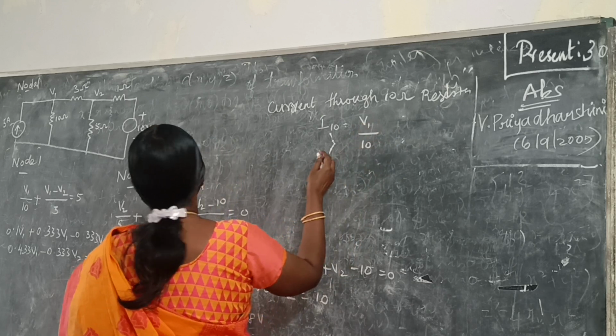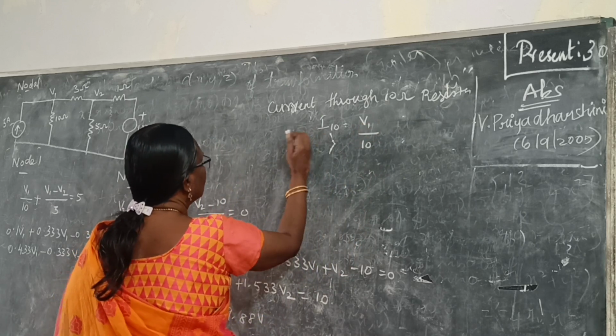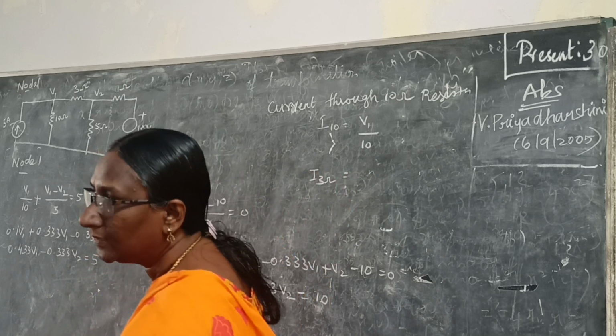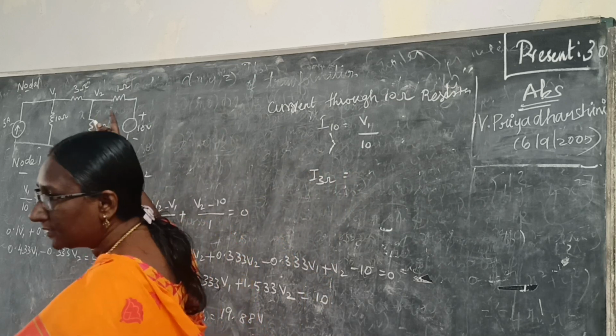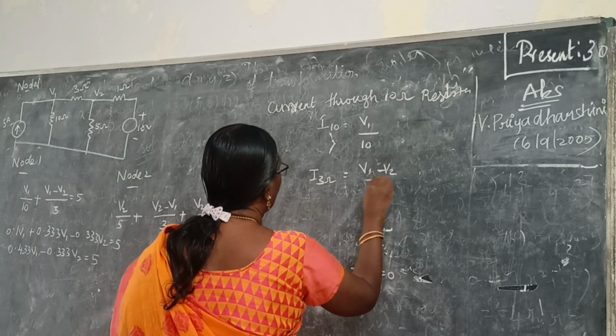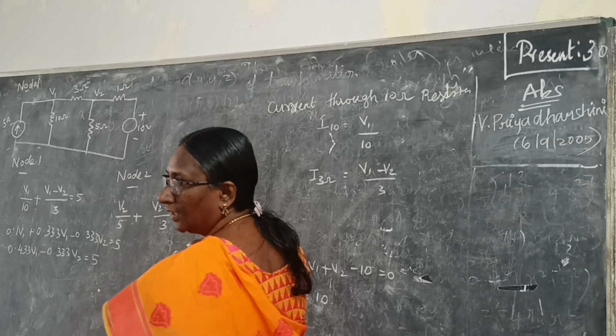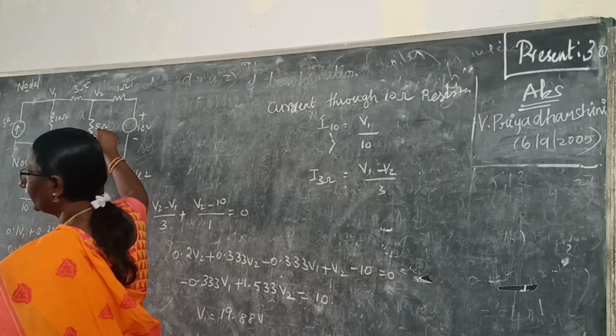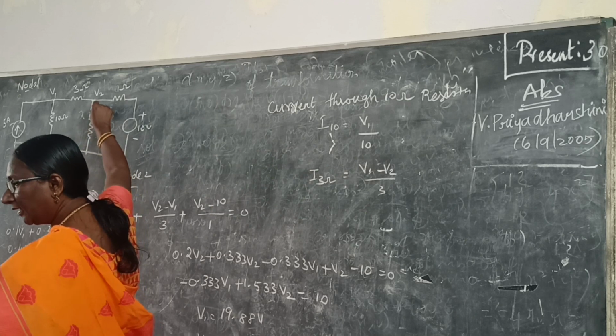Then what about the current through the 3 ohm resistor? V1 minus V2 by 3, isn't it? Then what about the current through the 5 ohm resistor? V2 by 5.